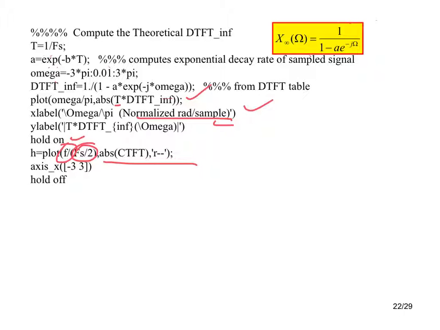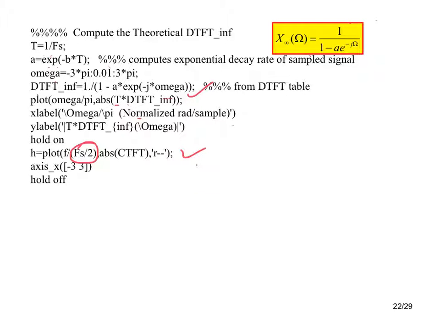So when I normalize this, minus pi becomes minus 1. And when I normalize this by fs over 2, negative fs over 2, which corresponds to minus pi, also ends up getting normalized to negative 1. So the purpose of dividing by fs over 2 here is to put this plot on the same equivalent frequency axis as that one. Now I could have done it the other way.